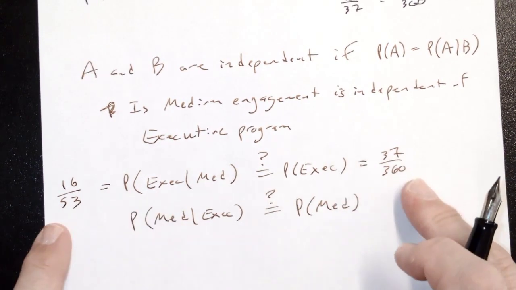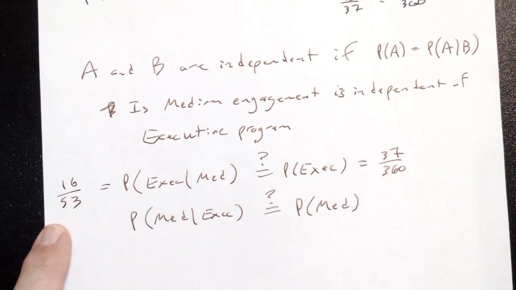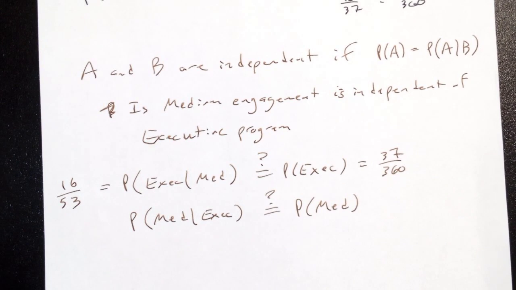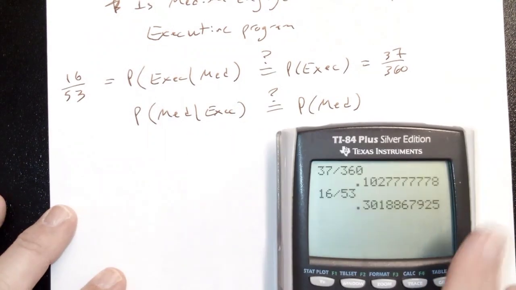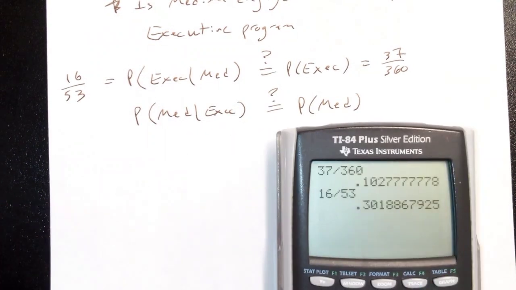Are those two numbers equal? Grab your calculators. Because the number on the left is 0.10, the number on the right is 0.30.